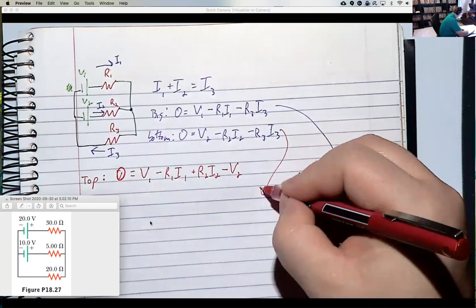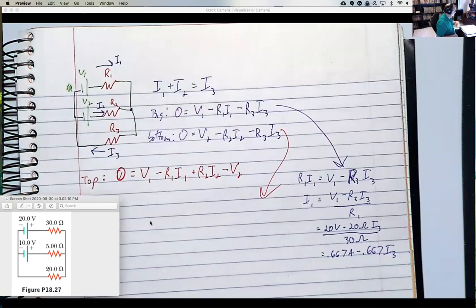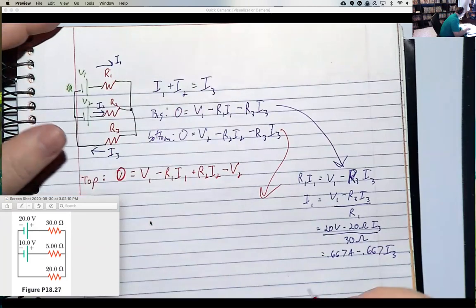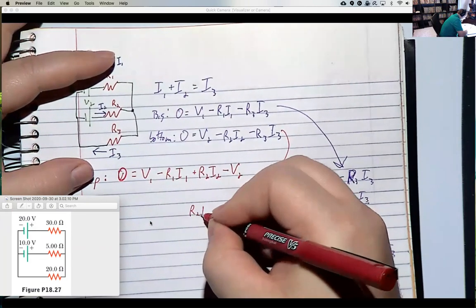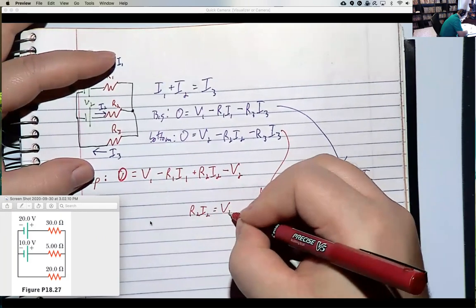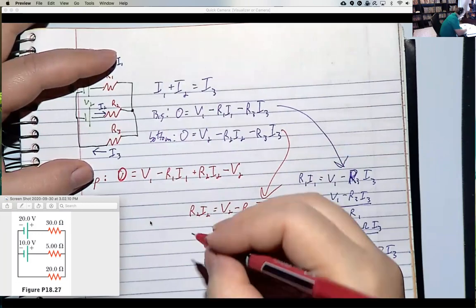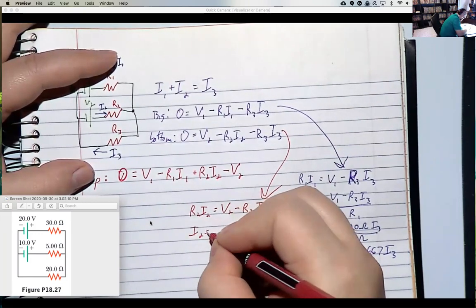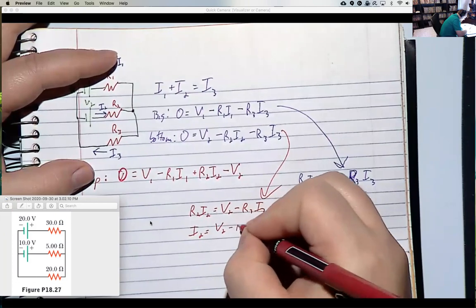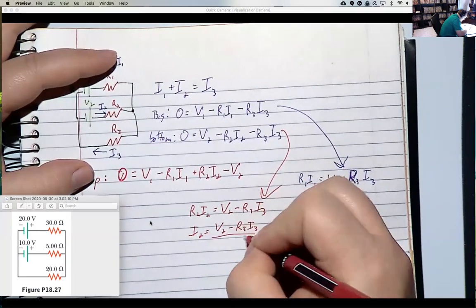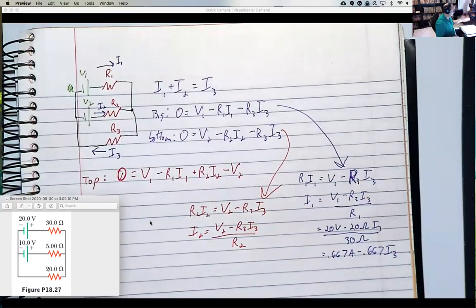Meanwhile, I'm going to solve my other loop and do the same thing. All I3s in all of them, so I'm going to solve for the piece that isn't I3. I'm going to add R2, I2 to both sides. Divide both sides by R2. And once again, I don't need to plug in now.